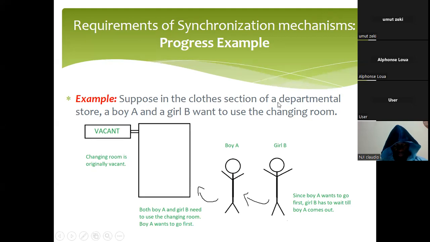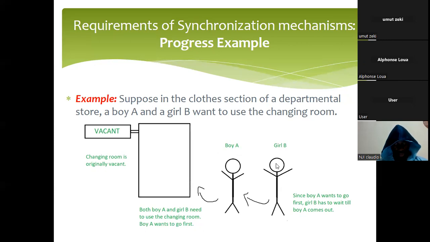Suppose in the closed section of a departmental store, a boy A and a girl B want to use the changing room. Okay, so we can just call the changing room the critical section. Both boy A and girl B need to use the changing room. Boy A wants to go first.